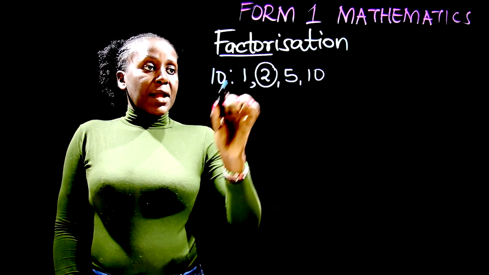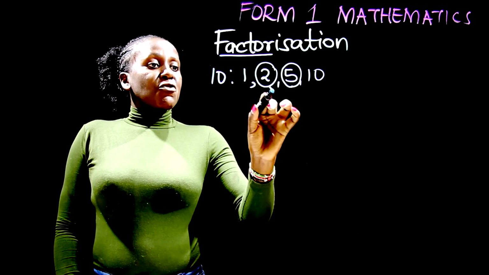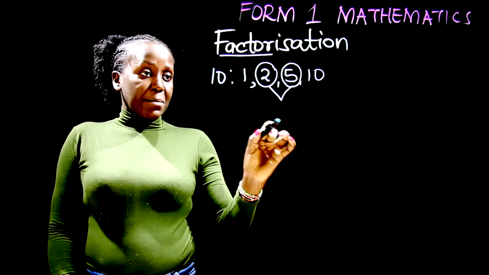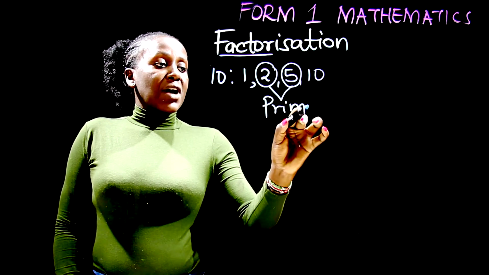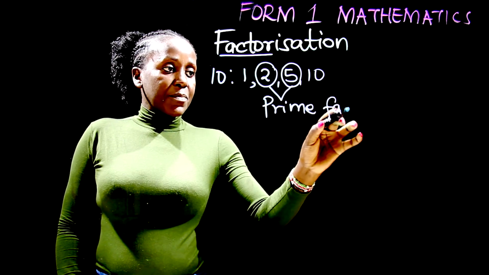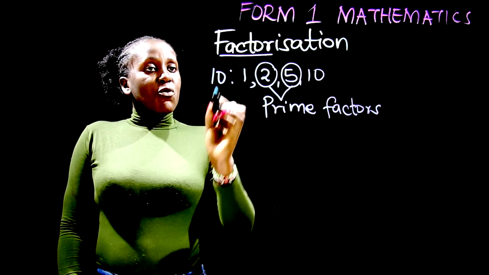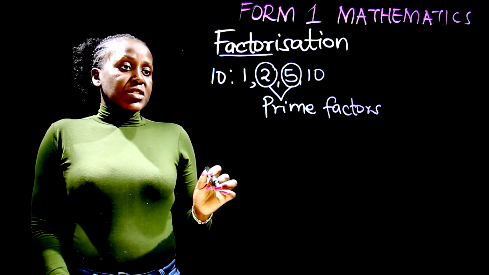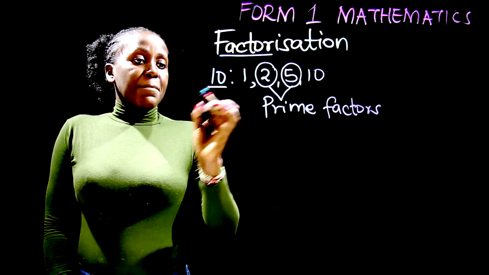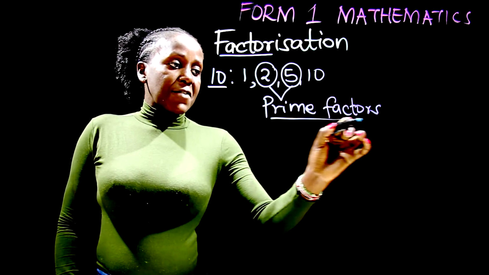Now, out of these factors, some of them are prime numbers. 2 is a prime number, 5 is a prime number. So factors that are prime numbers are called prime factors. Now, when doing factorization, we express a number as a product of its prime factors.